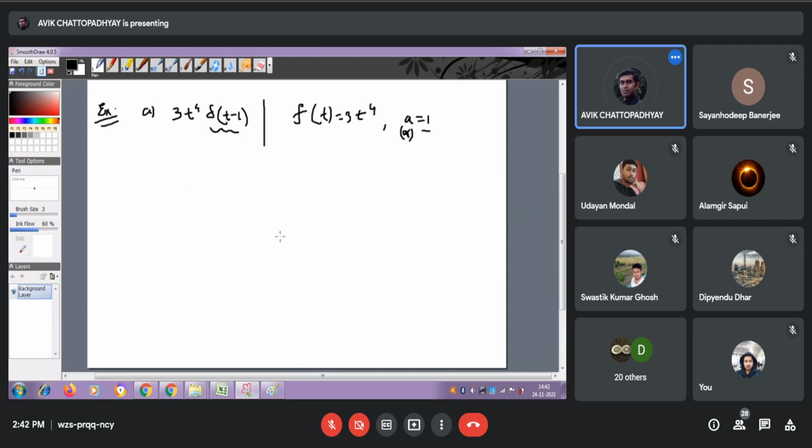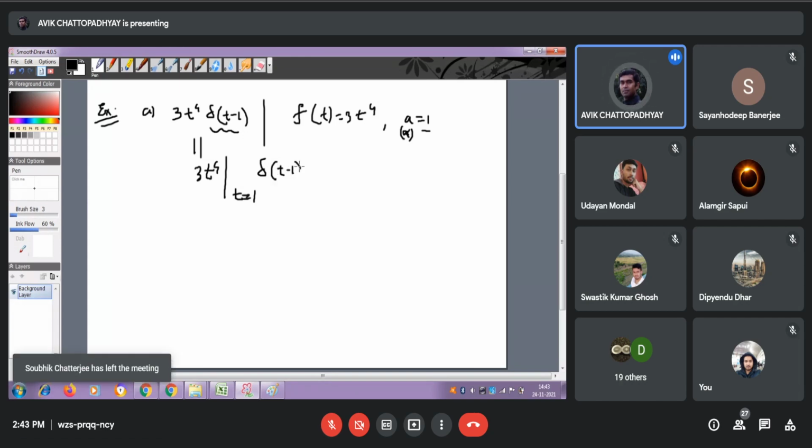Now if we simply apply the property, it could be reduced to f(a) δ(t-a). Please note it. f(a) means f(t) evaluated at t equals 1, so 3t^4 at t equals 1, multiplied with δ(t-1).